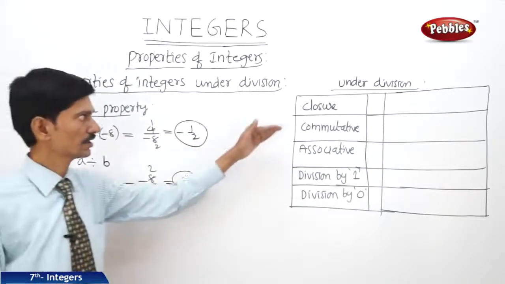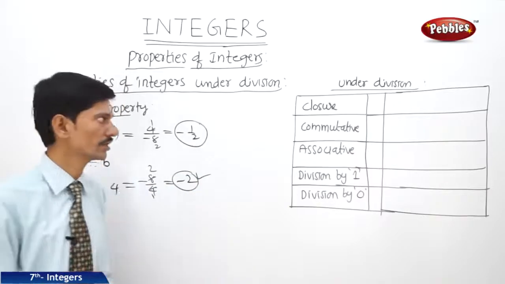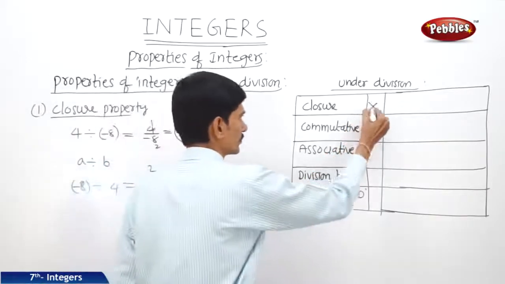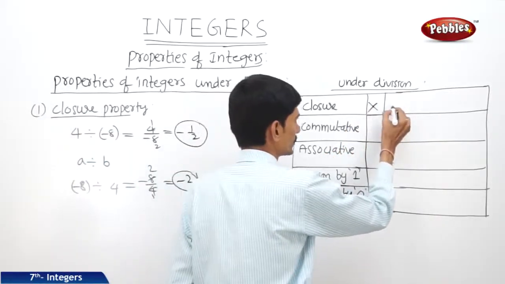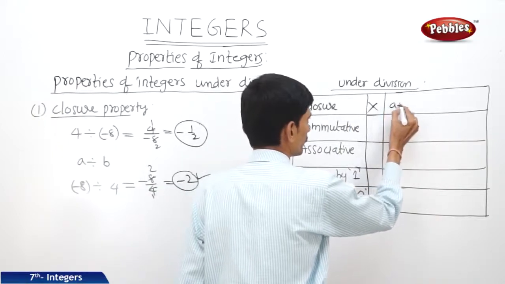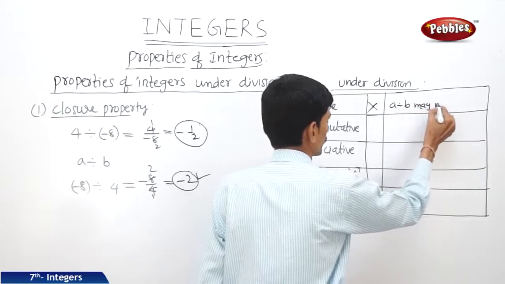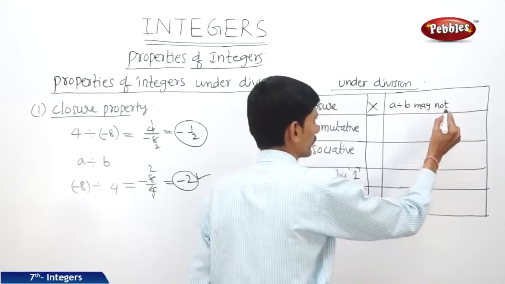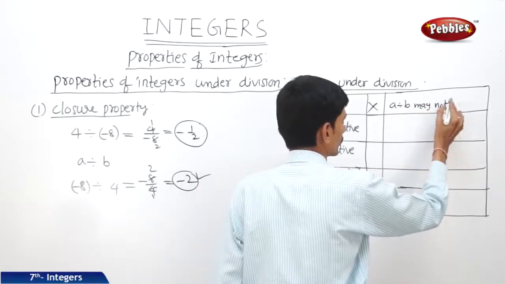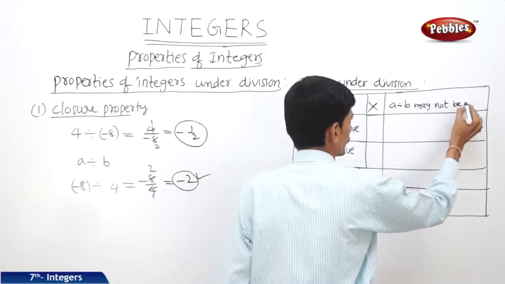So we can say that integers are not closed under division. So we can write that a divided by b may not be an integer.